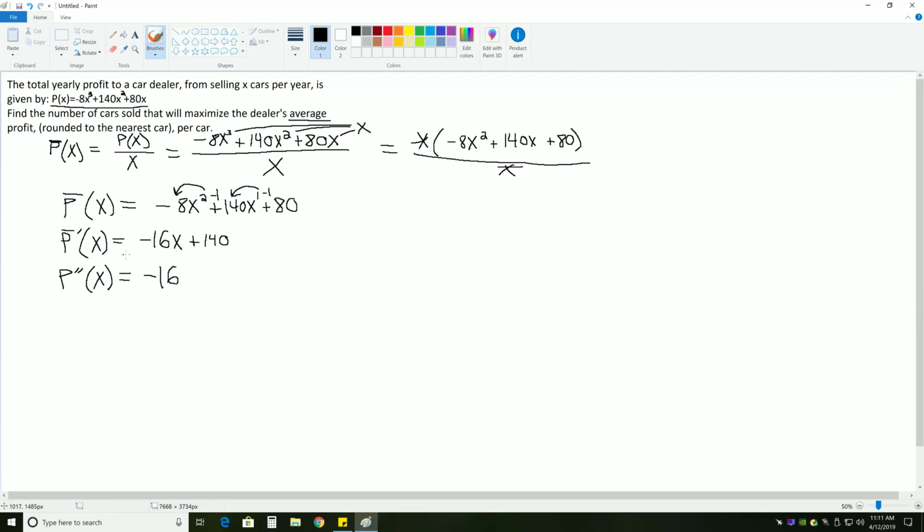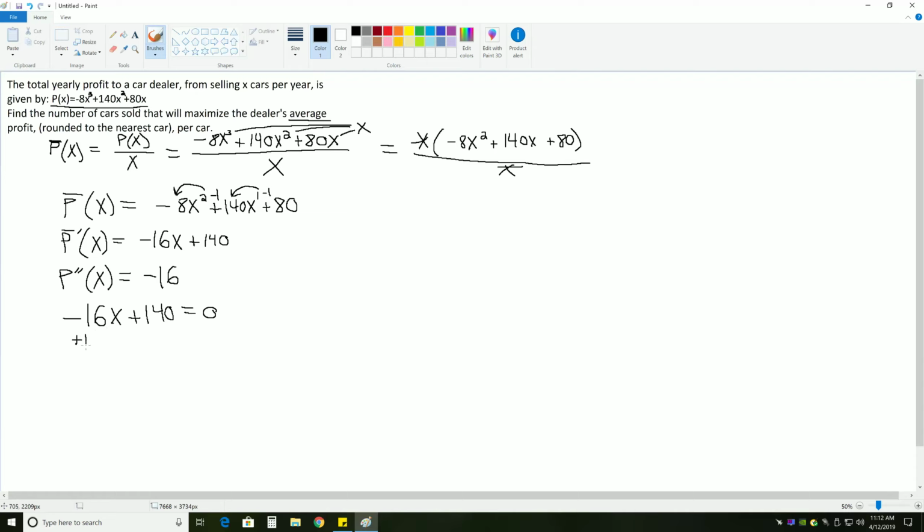Okay, so we're performing the second derivative test in order to maximize this function. The way you perform it is you take your first derivative, the negative 16x plus 140, and you set that equal to 0. And that allows you to solve for x, giving you your partition numbers.